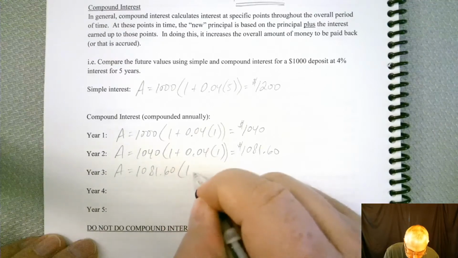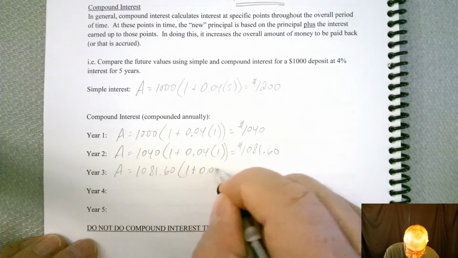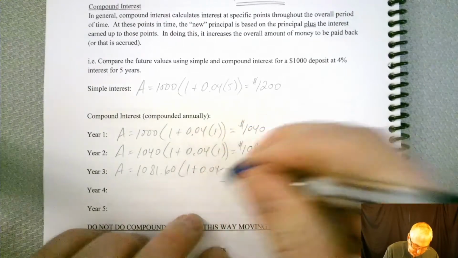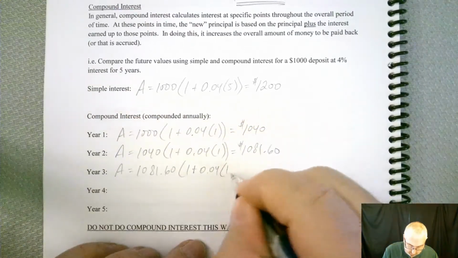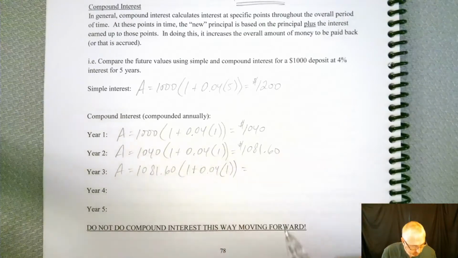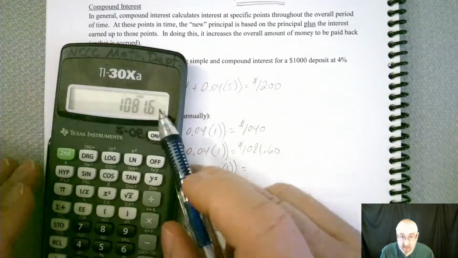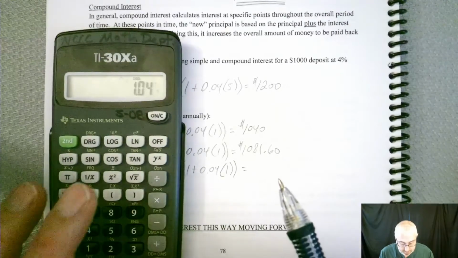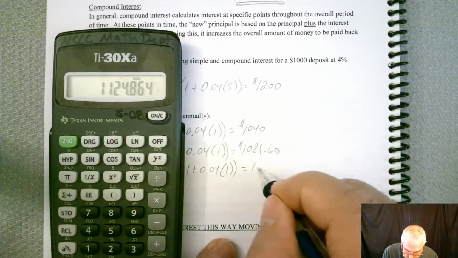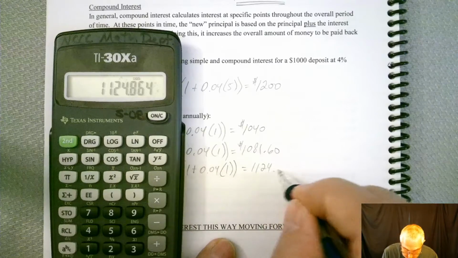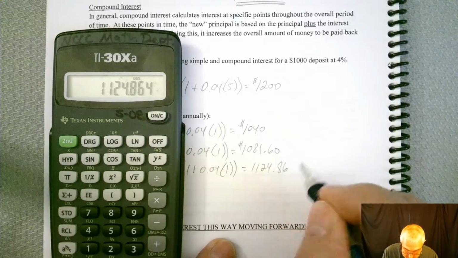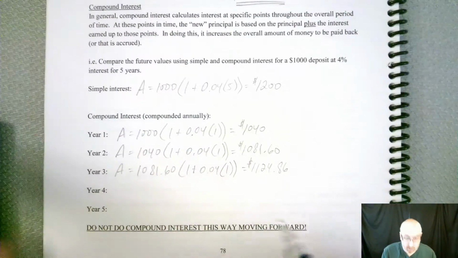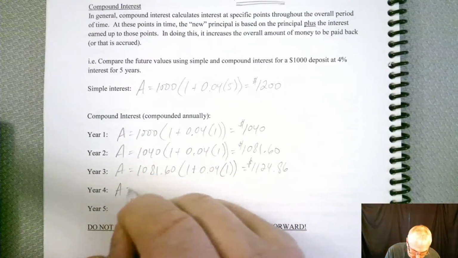All right, so again, we're going to carry this as the new principal for year 3. So 1 plus 0.04, times 1. So same thing, we can just carry this and then times it by 1.04 again. So now we get $1,124.86 if we round that. All right, so I'll carry that for year 4's principal.